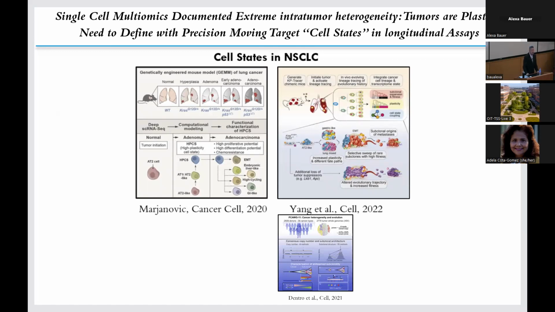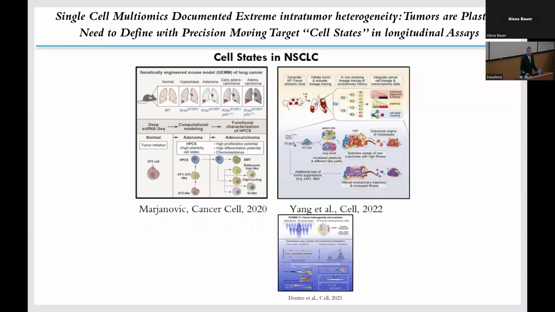And as you can see from the Cell paper in 2020, from Tyler Jacks' lab at MIT, the heterogeneity and the cell states are present in the very early stages, in the adenomas that predispose these mice and patients to non-small cell lung cancer, and are present at all levels of the evolution of these tumors.